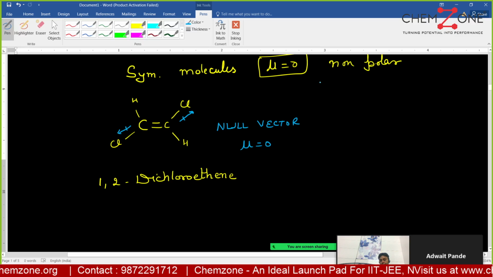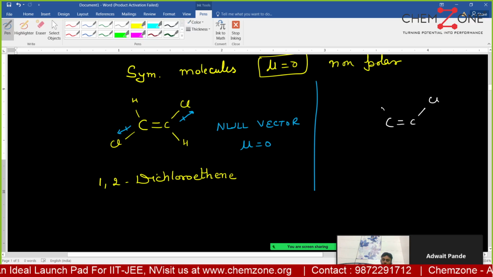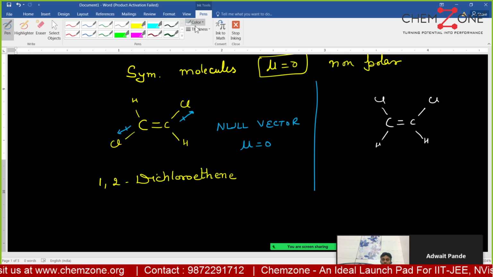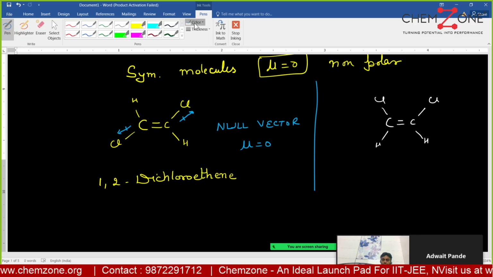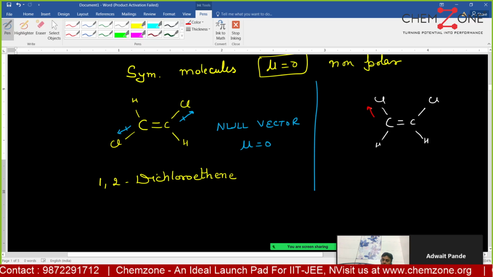But if you see this molecule, here chlorine is pulling electron towards itself. So upper part becomes partial negative and lower part becomes partial positive.